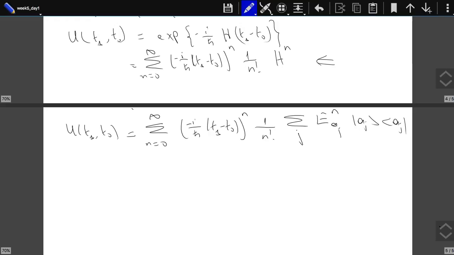Let me just change the order of summations. This will be equal to the sum over j, sum over n from 0 to infinity of (minus i over h bar (t1 minus t0)) raised to the power n, E(a_j) to the power n divided by n factorial, times |a_j><a_j|. You see here, this is nothing but the Taylor expansion of the exponential function.